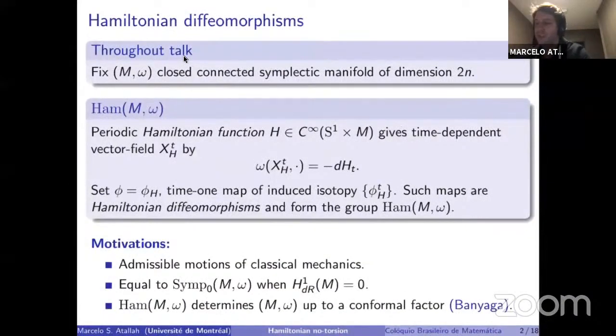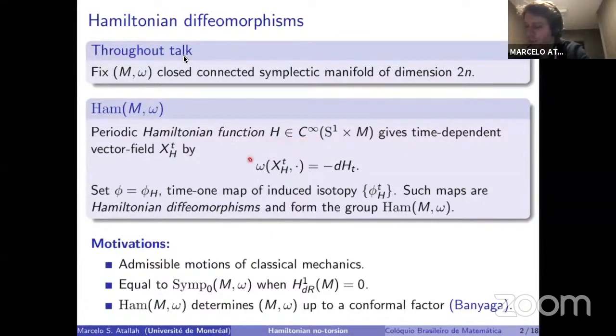So just to start, I'd like to fix once and for all (M, omega), a closed connected symplectic manifold of dimension 2n. And since we're going to be discussing the group of Hamiltonian diffeomorphisms quite a lot today, I just wanted to recall its definition. So it's the usual story where we start with a one-periodic Hamiltonian function.